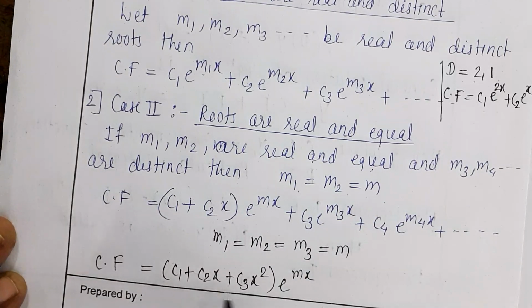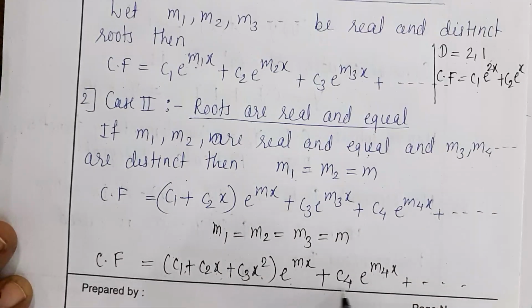It means we increase one constant as well as we increase the power of this x. Here x to the power 0, here x to the power 1, then x to the power 2. If one more root is equal, then c4 x to the power 3 e to the power mx, plus c1, c2, c3 we have already written. Next will be c4 e to the power m4x and so on.